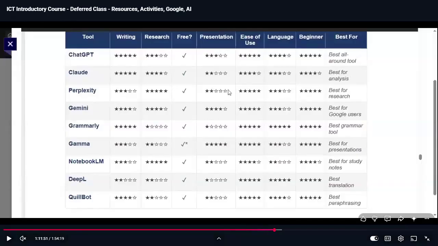Also with a high level of ease of use, and for beginners also. Perplexity. That's one that we are going to be talking about and specifying.